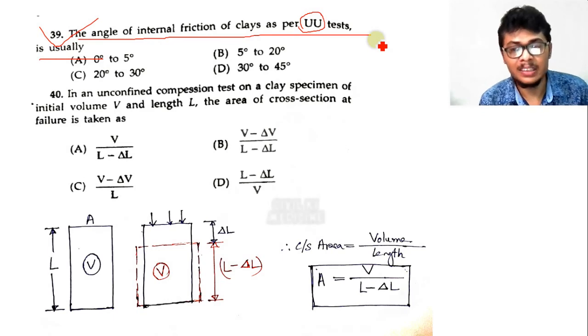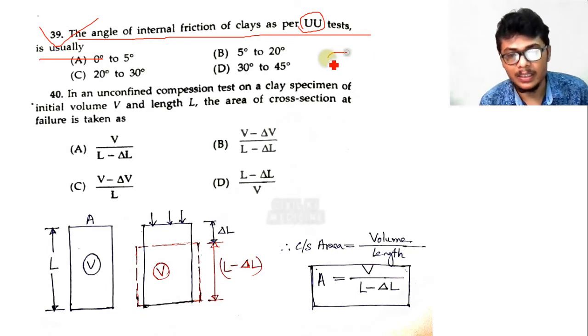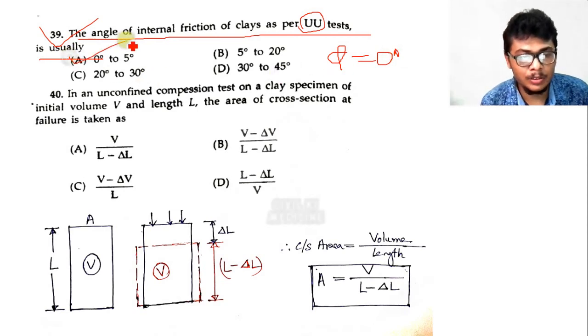For this reason the value of phi becomes near 0. Therefore phi becomes 0 degree. Therefore my correct answer will be 0 to 5 degree, approximately. Clear? Next and last question for this part.